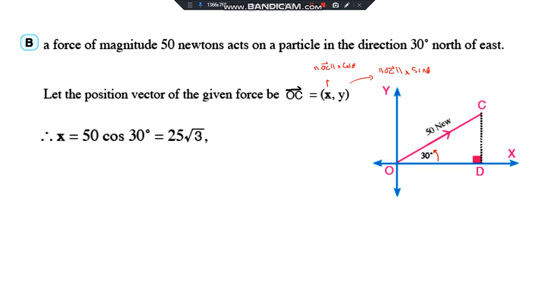So with norm of OC equal to 50 newtons, 50 multiplied by cosine 30 is equal to 25 root 3. So the x coordinate is 25 root 3, and the y coordinate is 50 sine 30, which is 25. So in fundamental form, we can write vector C as 25 root 3 i plus 25j.